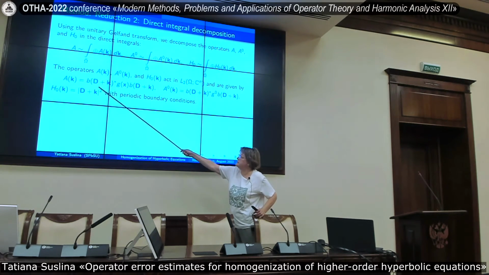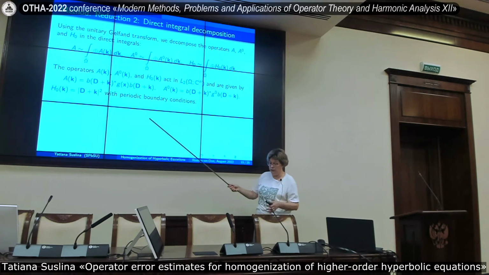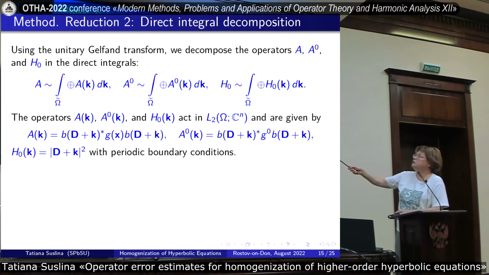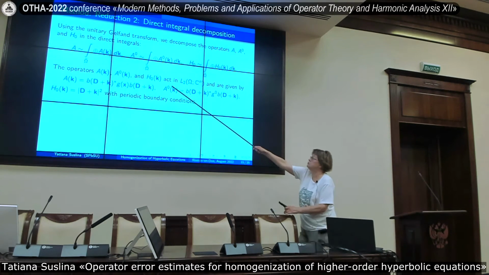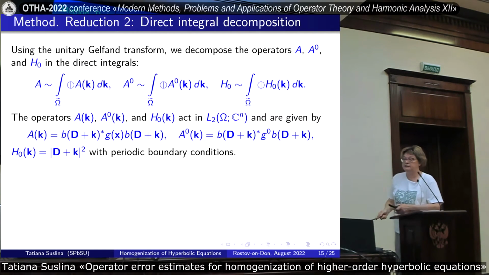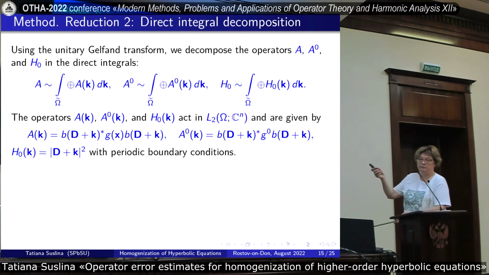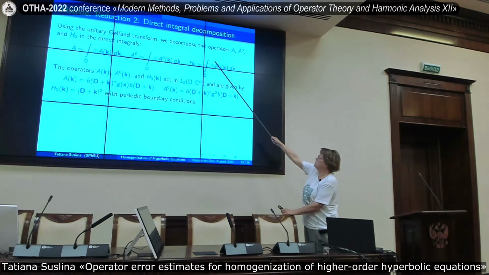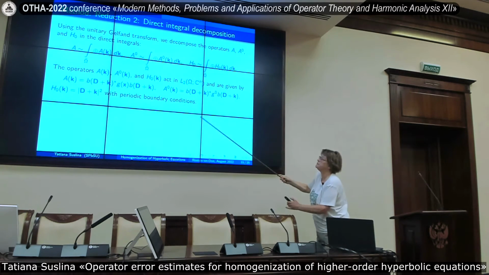And we consider this A of k on omega with periodic boundary conditions. The corresponding unitary operator, the Gelfand transform, I do not write down now. It's important that it is unitary. And similarly, we can write down direct integral expansions for the effective operator A naught and for H naught minus Laplacian.